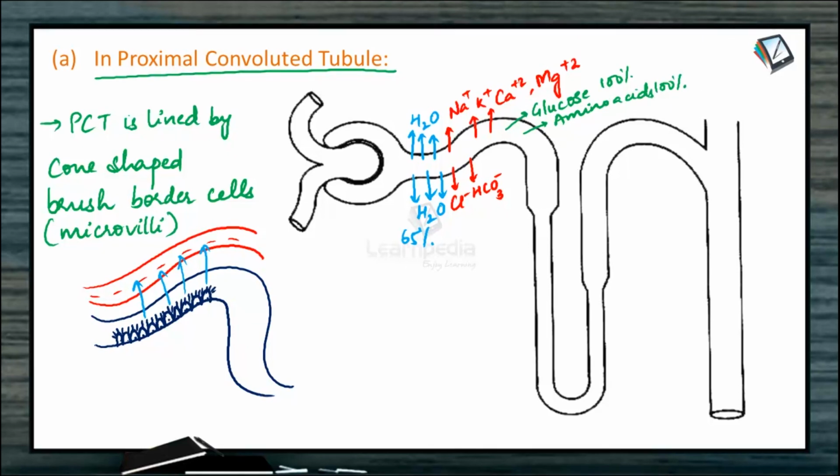The substances which are secreted into the tubule are: urea is secreted 50% in the tubule and 50% of it is reabsorbed back. Creatinine and ions such as H+ ions and ammonium ions. All these are secreted back into the tubule into the urine.